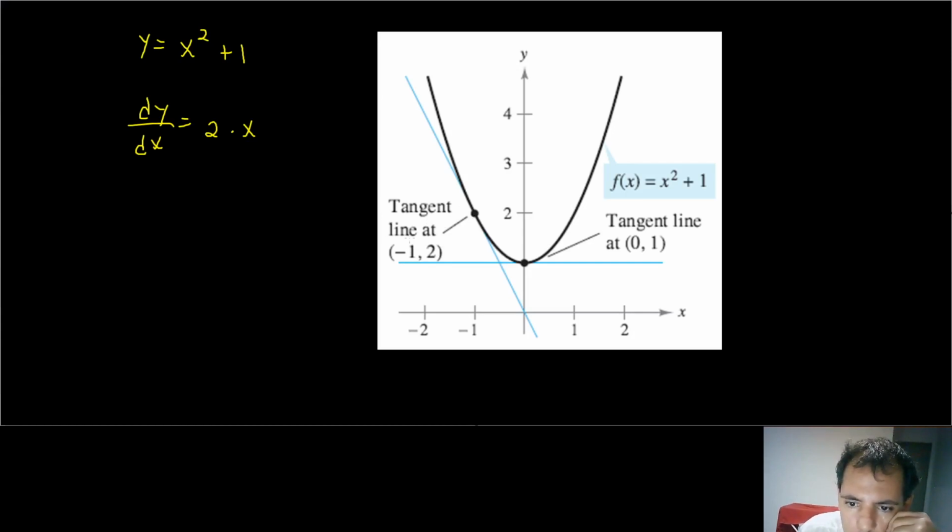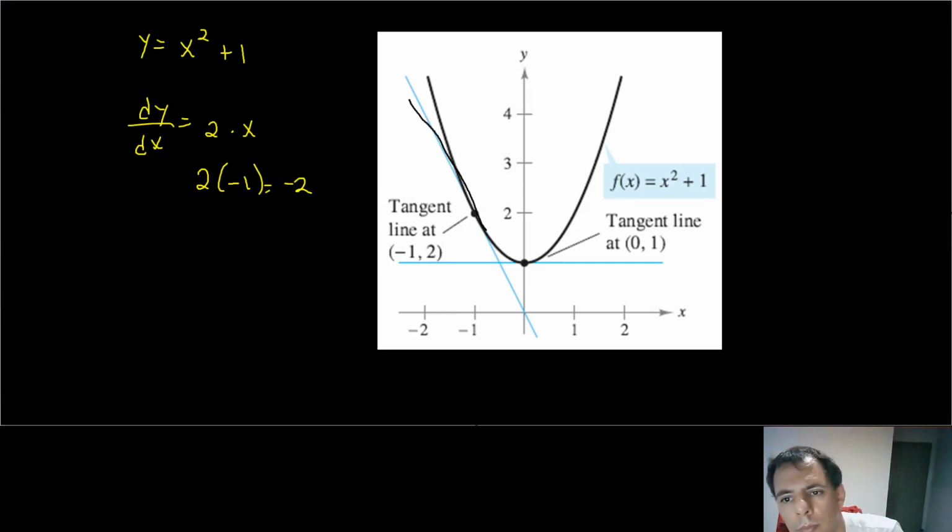When you have x equals minus 1, 2 times minus 1 equals minus 2. So the slope at the point minus 1, 2 is going to be minus 2. Look at this, it's going way down. That means that every time it goes down twice in y, it goes once in x. So you have something like this for this point.